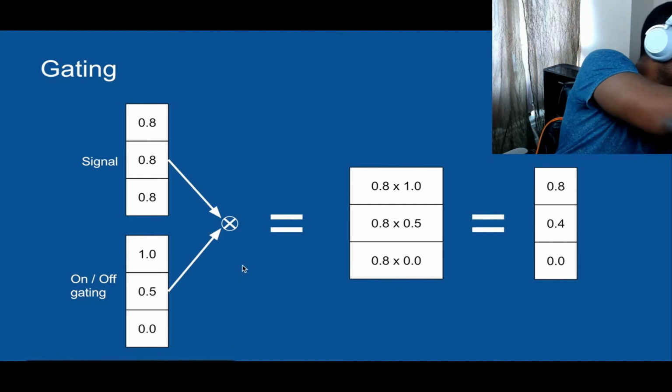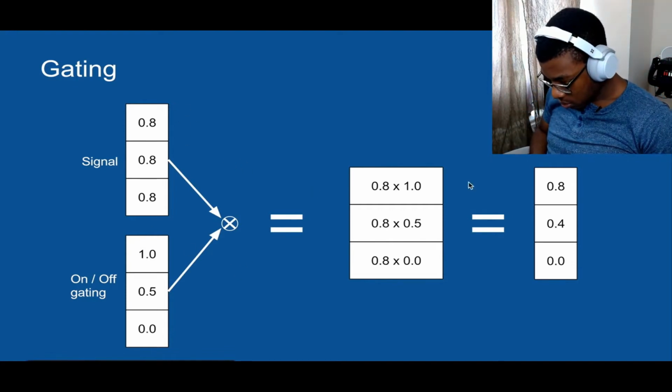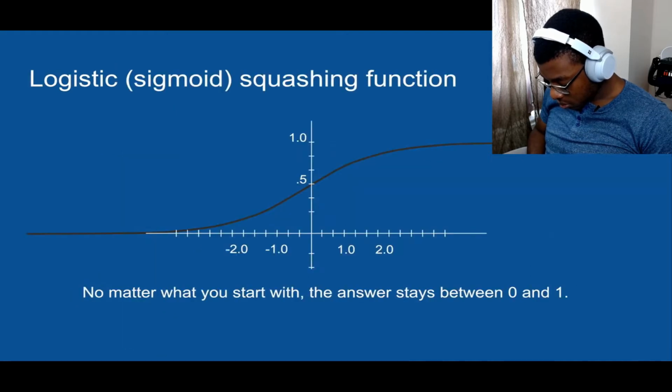The way this works with element-wise multiplication, we get 0.8 times 1 equals 0.8. That signal passed right through into the output vector. But the last element, 0.8 times 0 equals 0. That signal, the original signal, was effectively blocked. And then with the gating value of 0.5, the signal was passed through, but it's smaller. It's attenuated. So gating lets us control what passes through and what gets blocked, which is really useful.